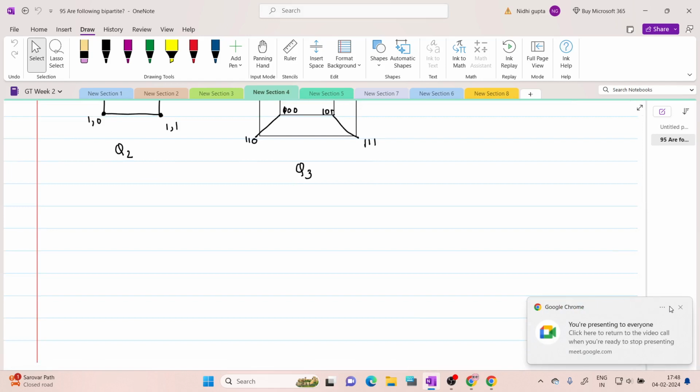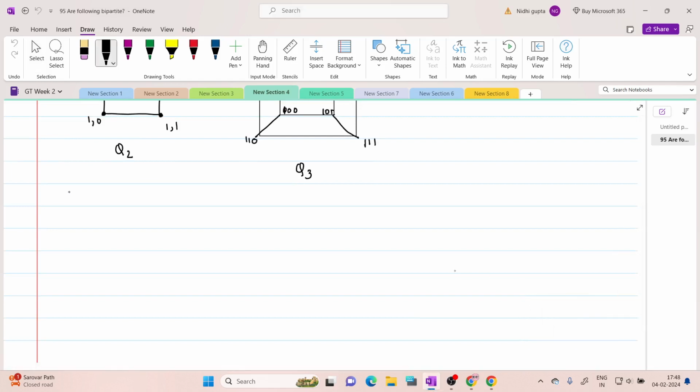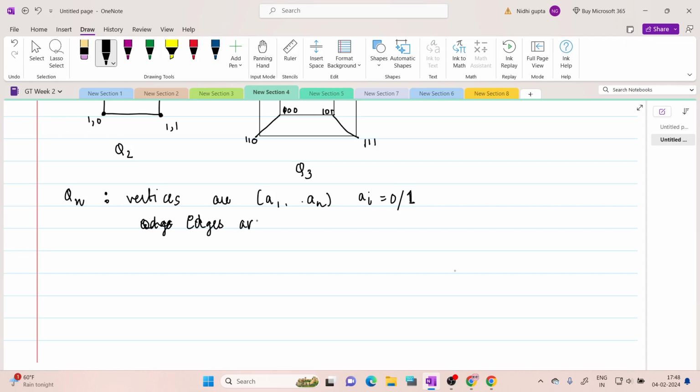Qn is basically: vertices are tuples (a1, ..., an), where each ai is 0 or 1, and edges are between (a1, ..., an) and (b1, ..., bn) if they differ in exactly one entry.